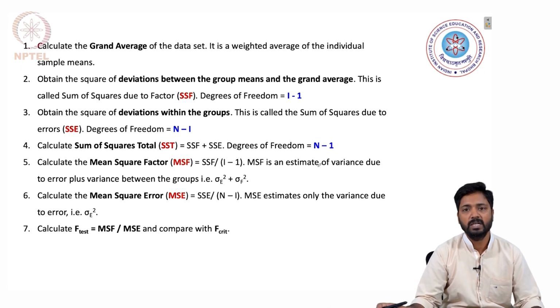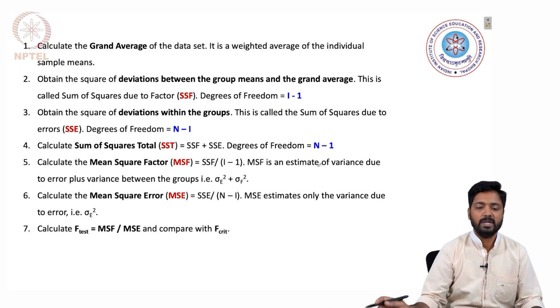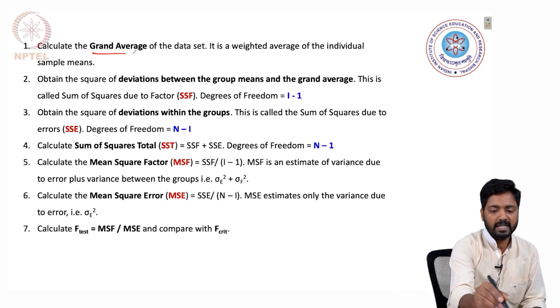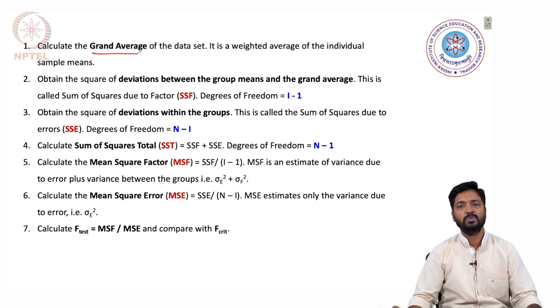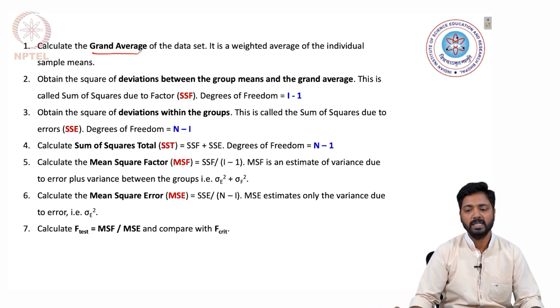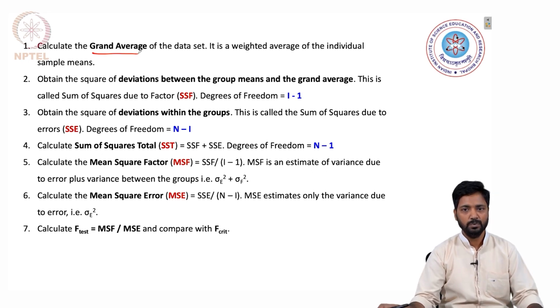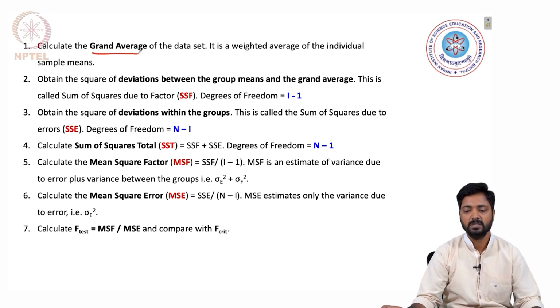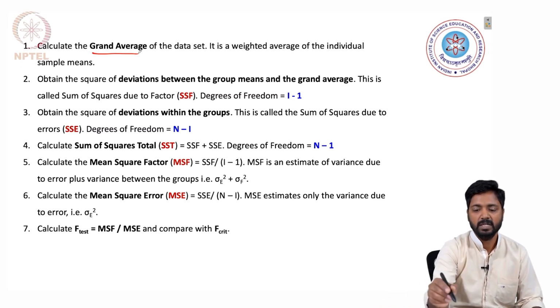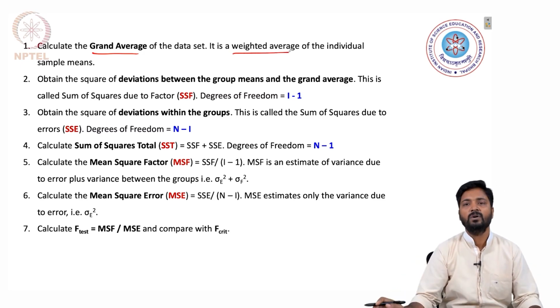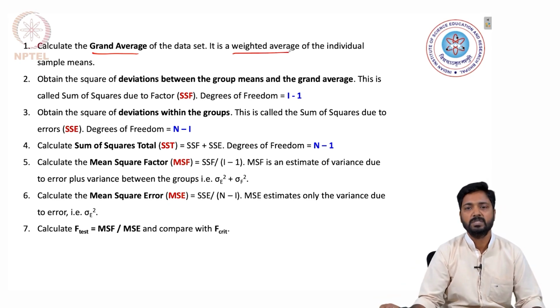What we need to do is calculate what is known as the grand average, and I will come to how this needs to be calculated. But it is important to understand that the grand average is actually a weighted average of individual sample means. So this is essentially an average of the whole data set.